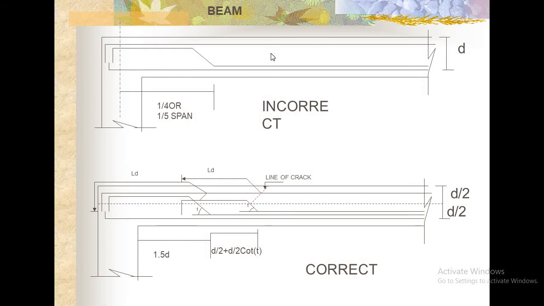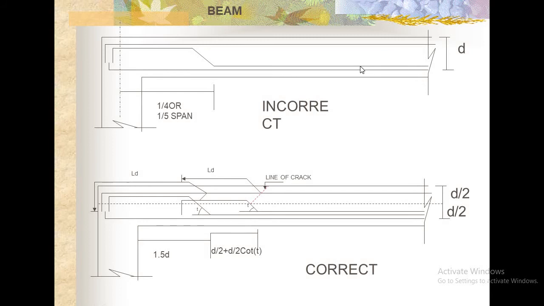This is the way we normally provide the reinforcement in a slab like this one. Here is the maximum reinforcement, 100% reinforcement, at the middle of the span, because the maximum bending moment will be here. At the support, there is negative bending moment, so we need to provide some tensile reinforcement at the support at the top, because hogging moment is here.